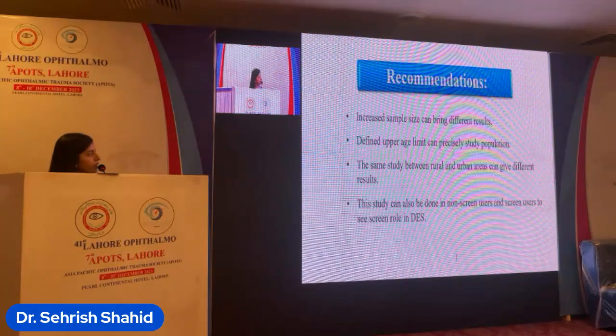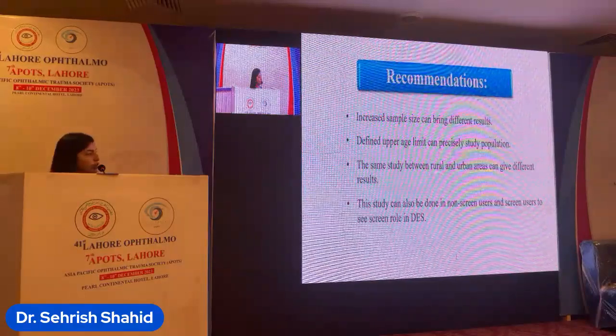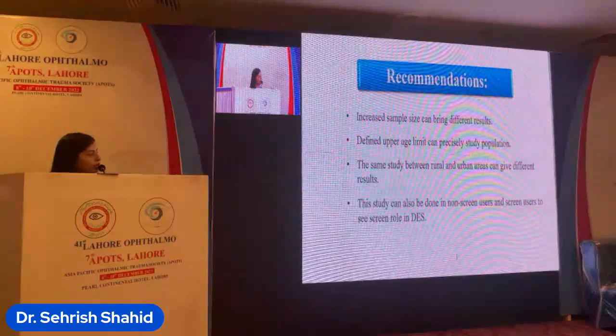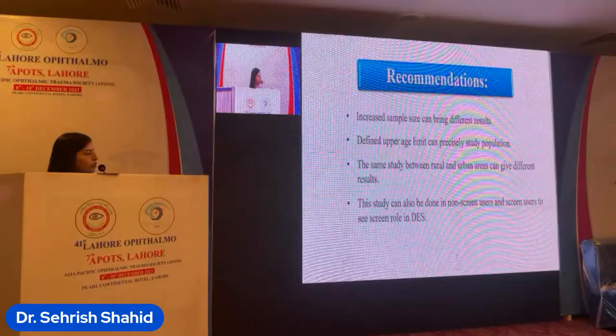It was recommended that increasing the sample size can bring different results, and comparing different age groups can also bring different results. The same applies to rural or urban areas, because most of my patients were from urban areas and all were screen users. So we can do the same study in rural areas or with screen users or non-screen users.